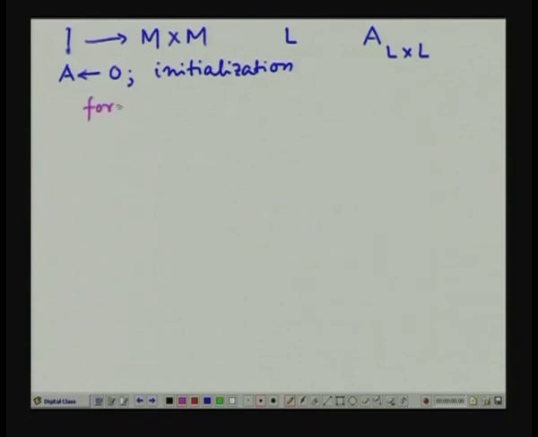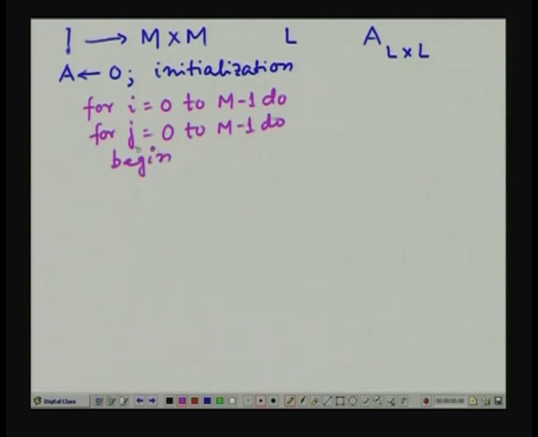So, for I equal to 0 to capital M minus 1, do for j equal to 0 to capital M minus 1, do begin. So, here comes the operation for computation of our matrix capital A.